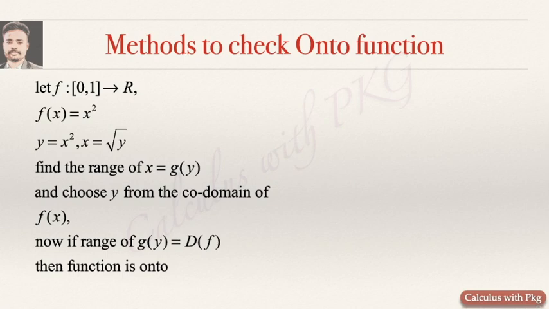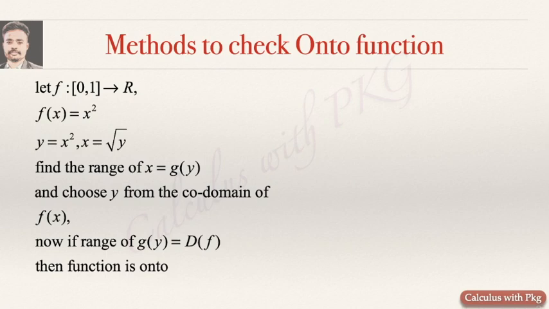Now we have to find the range of the function x equal to g of y, and we will choose the value of y from the codomain of f of x, which is all real numbers. Now if the range of g of y is equal to the domain of f, then the function is onto.